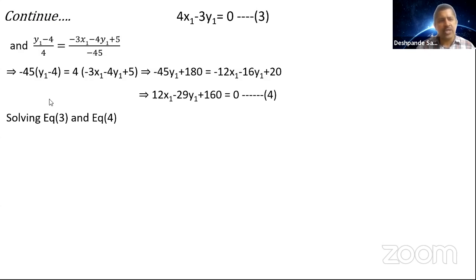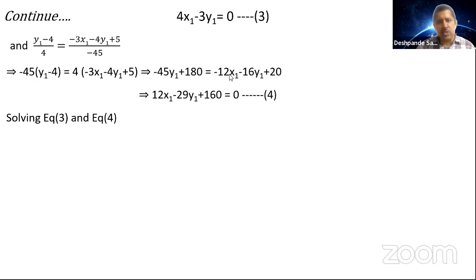So cross multiplication: minus 45 into (y1 minus 4) is equal to 4 times (minus 3x1 minus 4y1 plus 5). Now you can expand this as minus 45y1 minus 45 into minus 4 is plus 180. Then 4 into minus 3 is minus 12x1, 4 into minus 4 is minus 16y1, and 4 into 5 is 20.